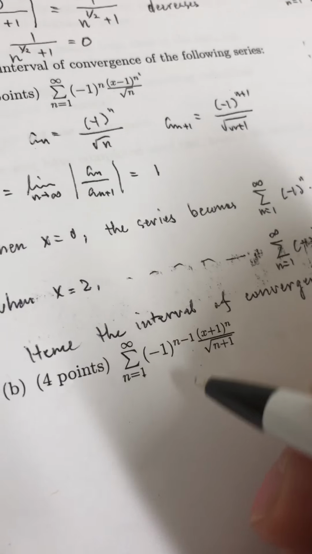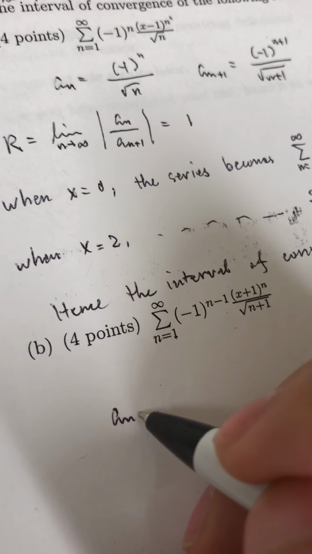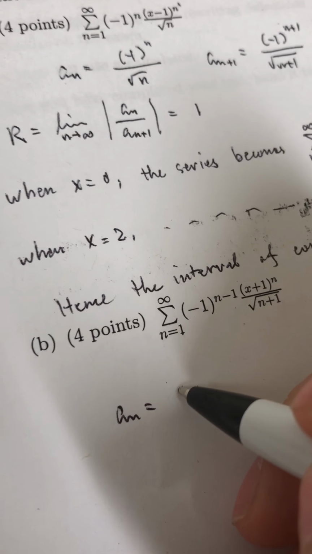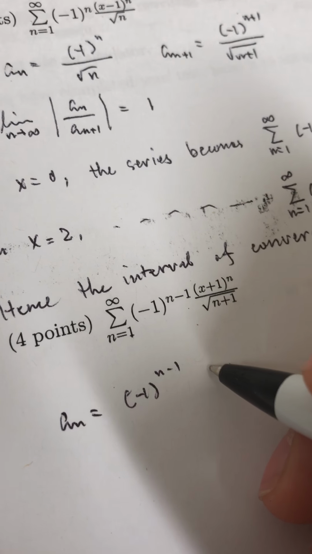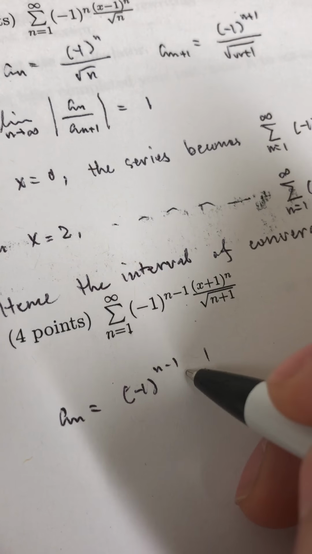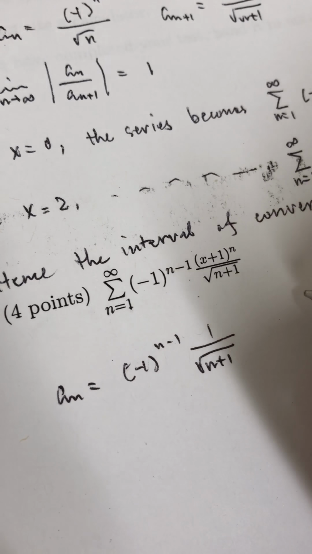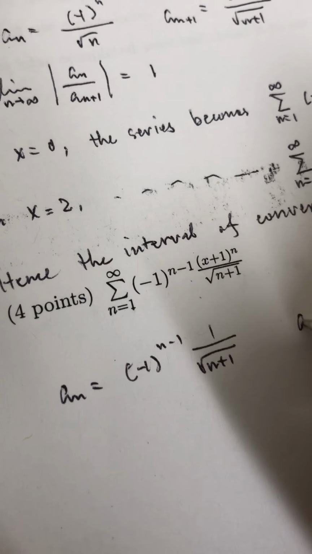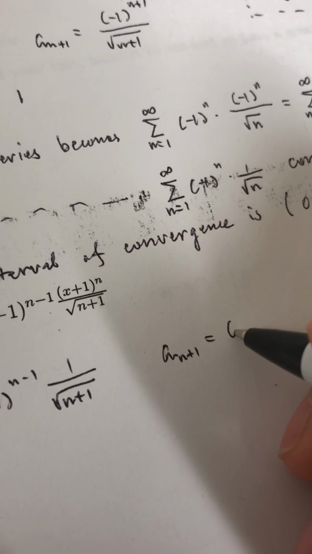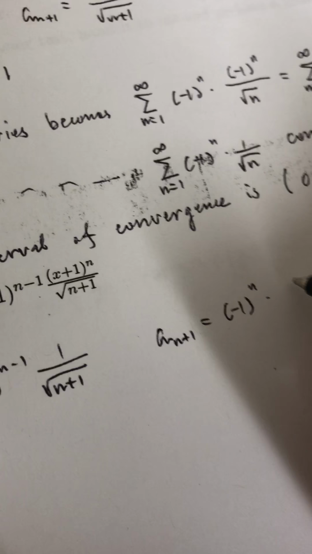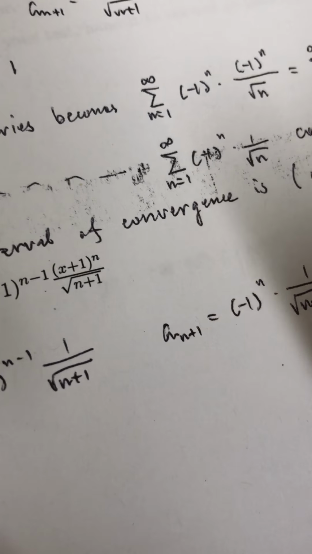For the second one, it's similar. Okay, an is negative 1 to n minus 1 times 1 over square root of n plus 1. An plus 1 is negative 1 to n times 1 over square root of n plus 2.